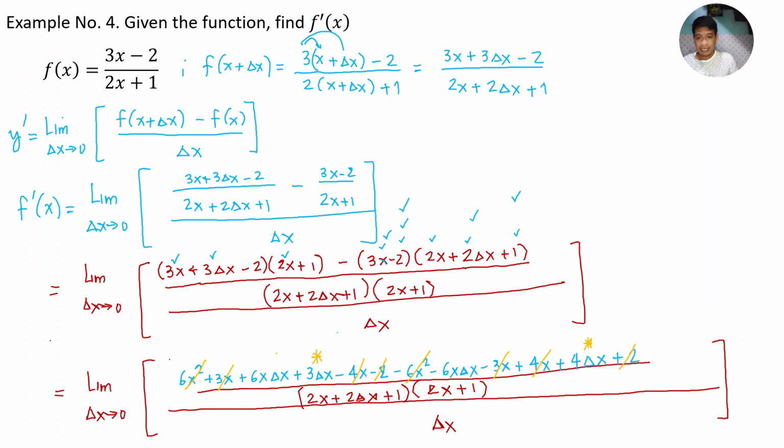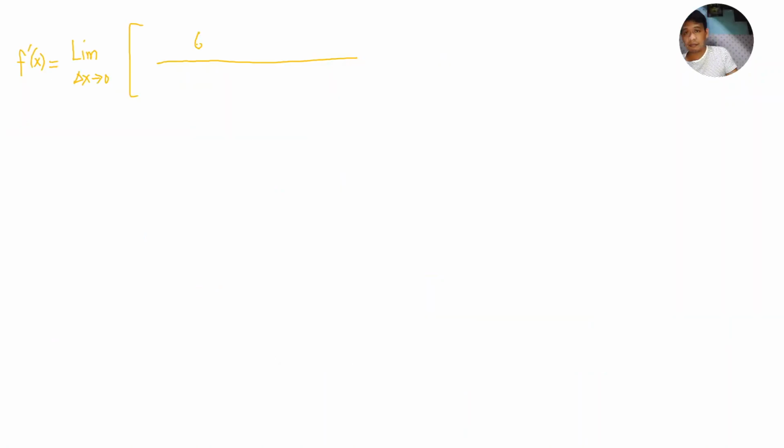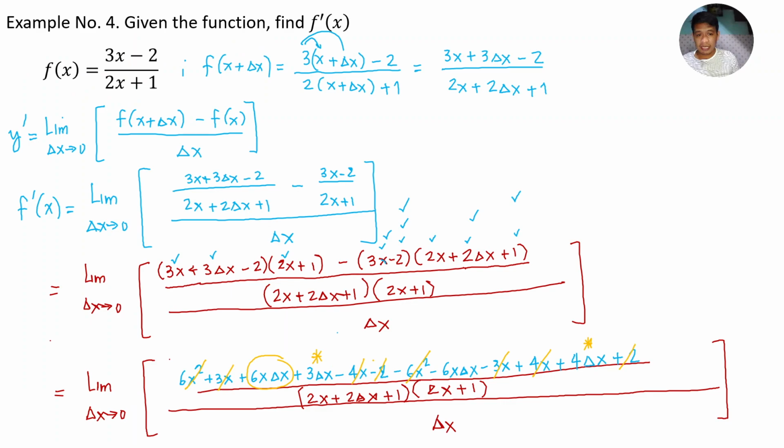f prime of x is equal to limit as delta x approaches 0, ang natira sa numerator ay 6x delta x plus yung sum ng 3 delta x and 4 delta x. Oh, sorry. This 6x delta x cancels out with negative 6x delta x.